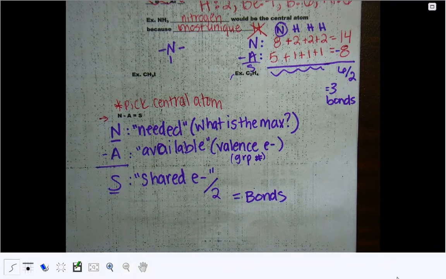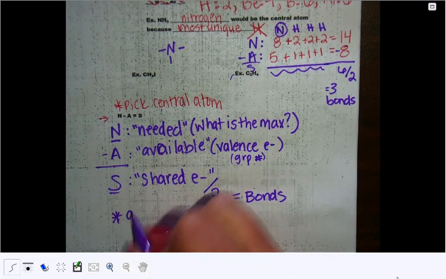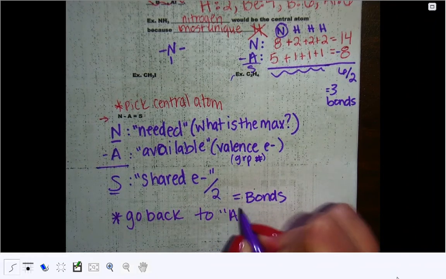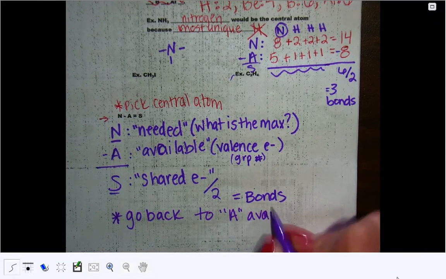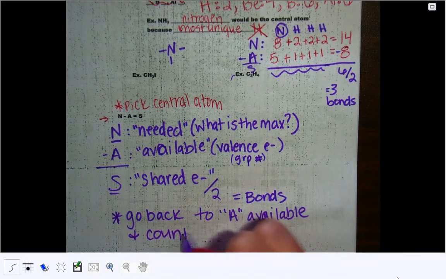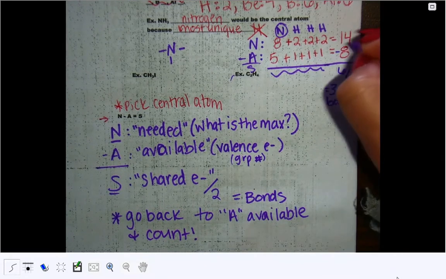Okay, your last step. Once you've done these things, go back to A, or available, and count. All right, so A, available. What was our number that we needed for A?